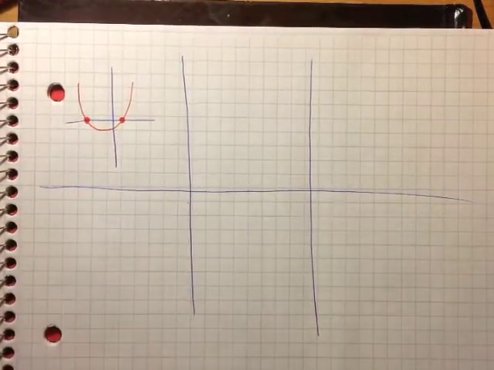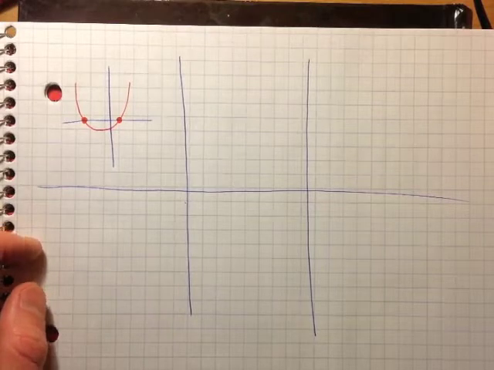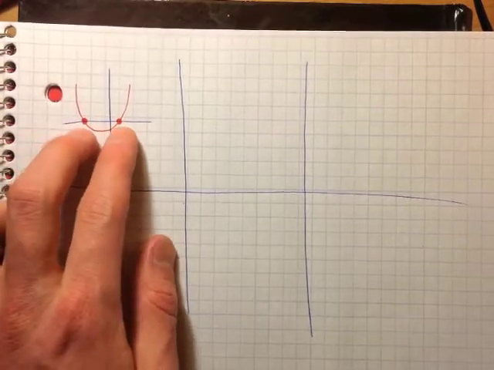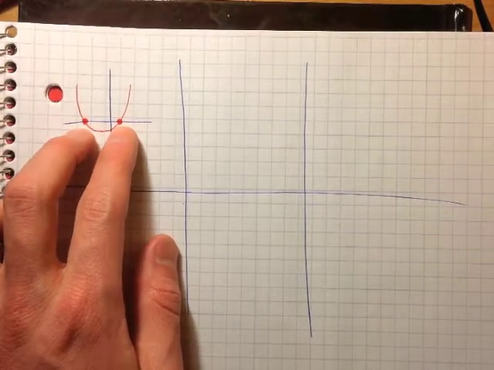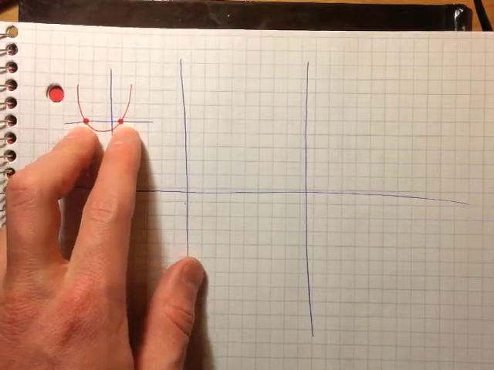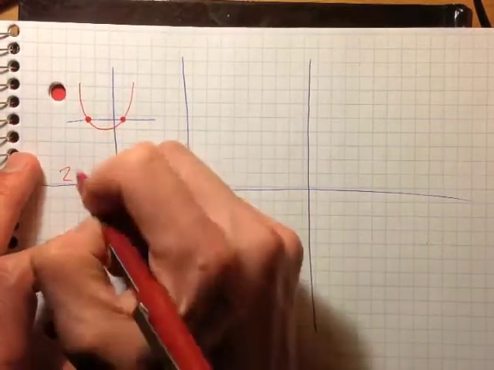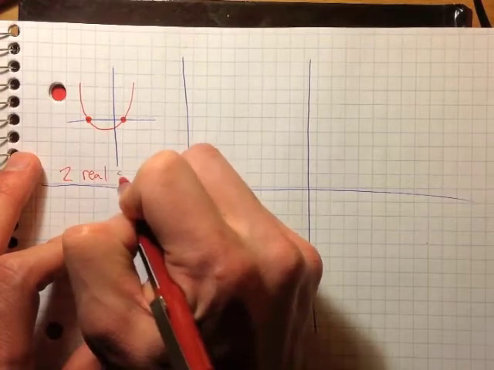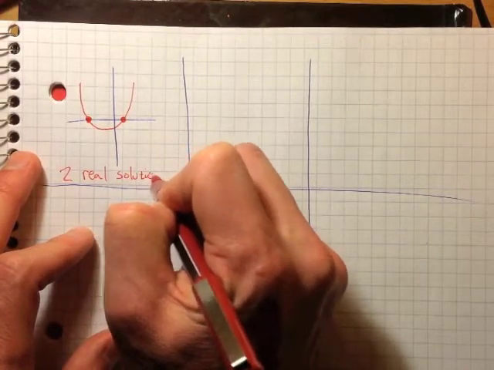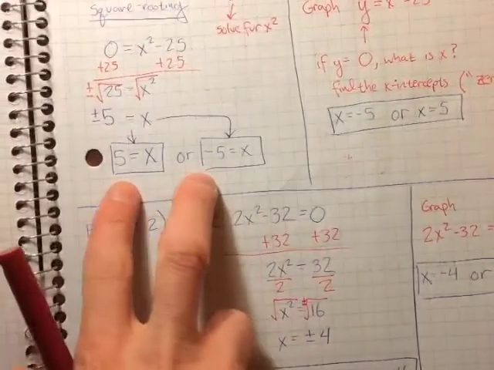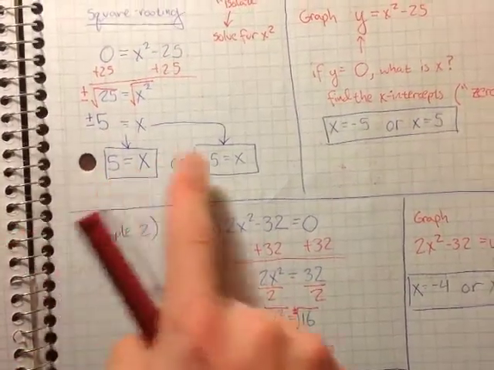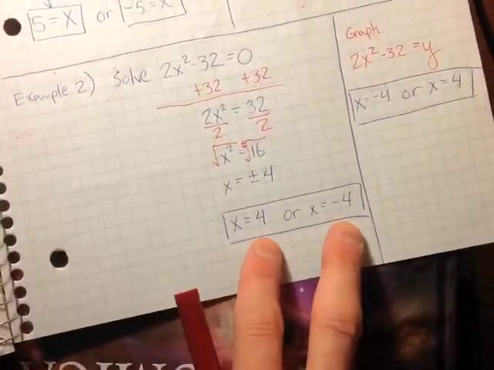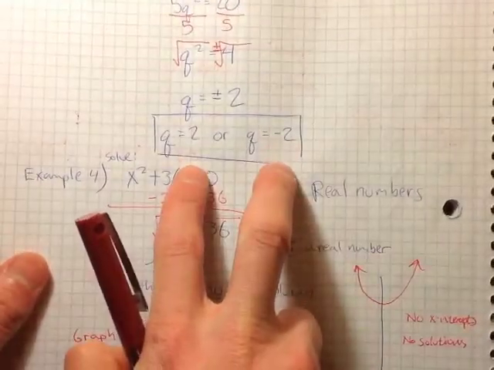Now if you graph a quadratic function and it intersects the x-axis in 2 different places, that means that the equation has 2 real solutions. Just like this had 2 real solutions. 5 and negative 5 are both real numbers. This had 2 real solutions.